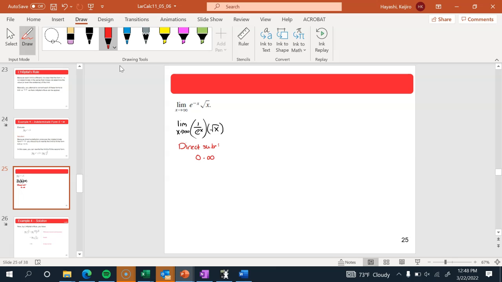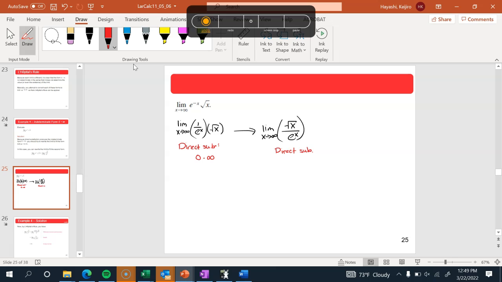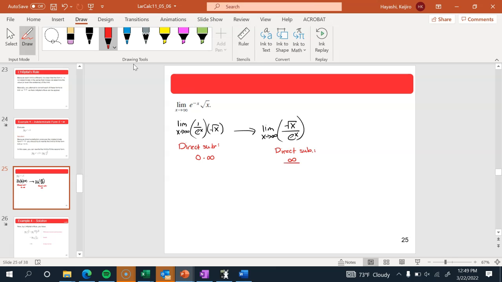So you want to smush these together in a way where you don't get 0 times infinity, but instead you get 0 over 0 or infinity over infinity. And the easiest way to do that is instead to write this as the square root of x over e to the x. Because if you directly substitute into this form, you do get infinity over infinity, which is what you want.